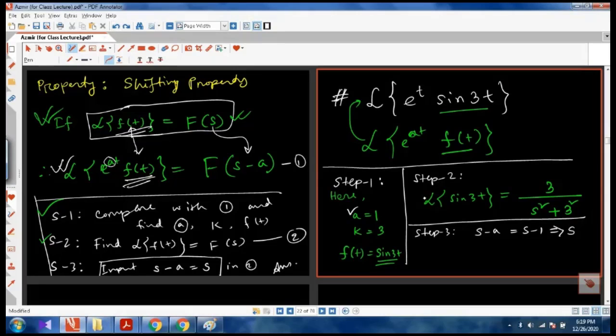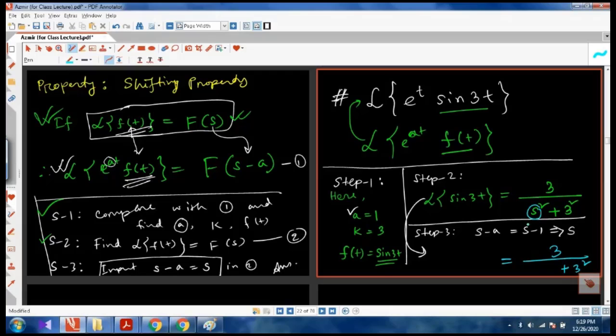The result we found in step 2, in that part we are going to replace s by s minus 1. So on the right side you can see we have 3 over s squared plus 3 squared.